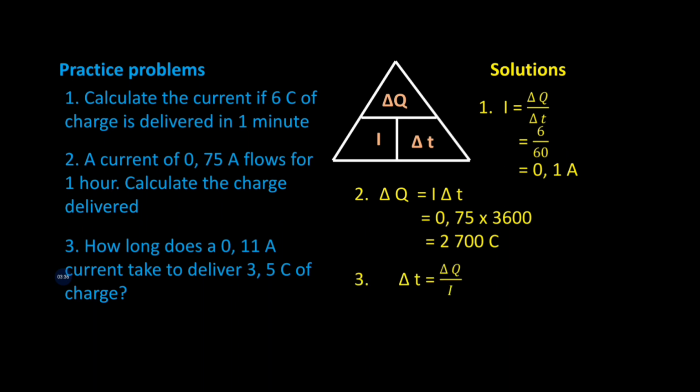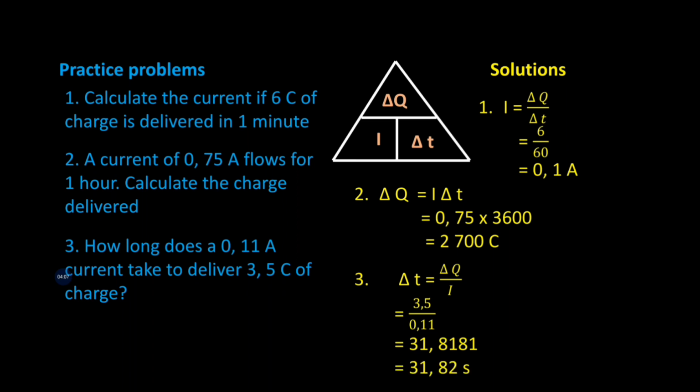So the charge in this case is 3.5 coulombs and the current is 0.11 amps. Dividing the 2, we get 31.818181 and it goes on like that. So these are the seconds that we've calculated. And by rounding them off to maybe 2 decimal places, we end up with 31.82 seconds.